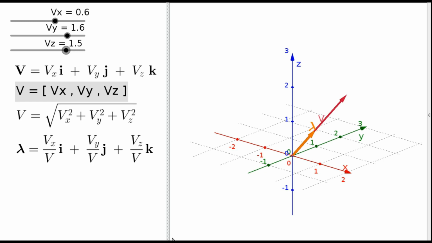Which is important because now we can use the direction of a cable or rod and relate the magnitude of the force in that direction to the magnitude of the forces in the other directions.